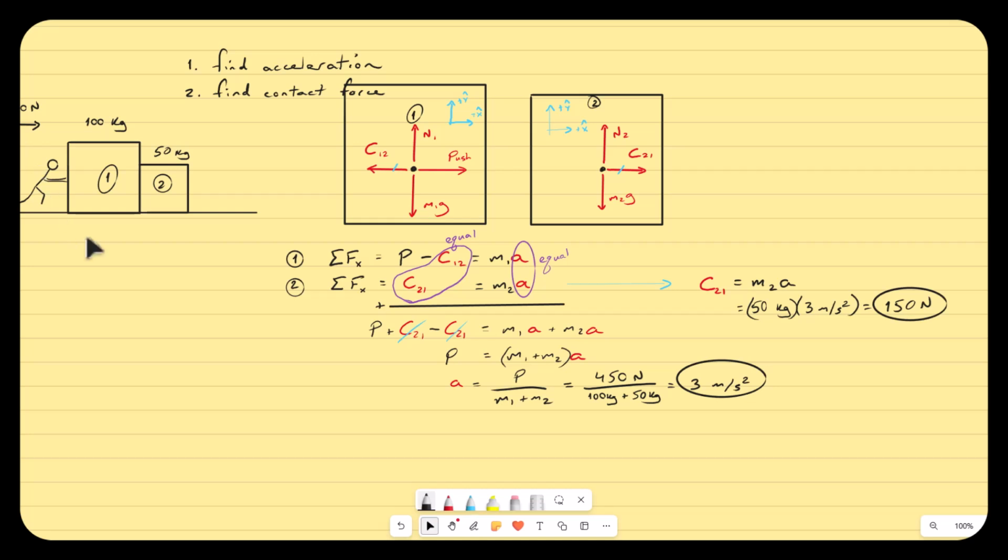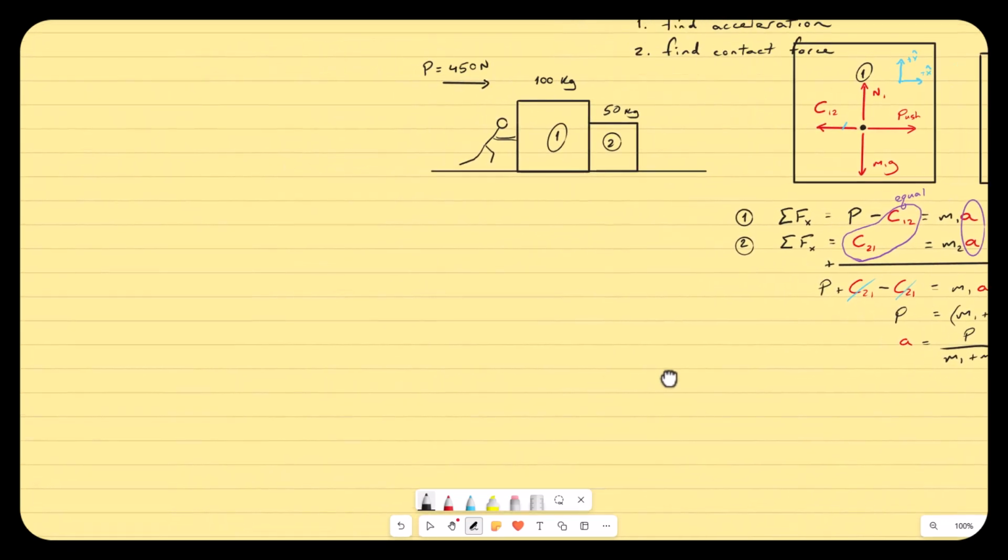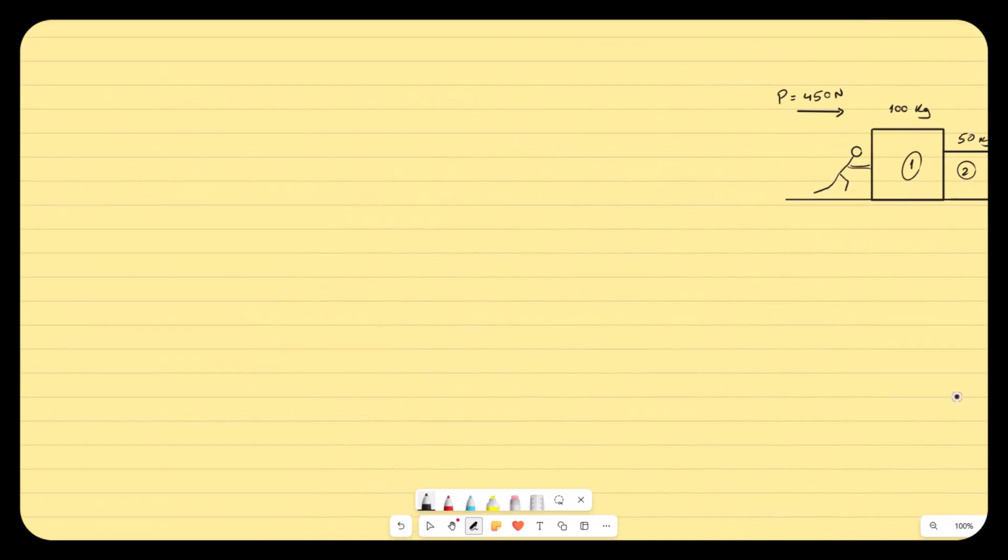There is another way that we can do this same problem, and it looks like this. What if I said, I'm going to take this whole system and treat it as one? I can draw a free body diagram for the two blocks together, so the system I'm looking at, I'm effectively pushing against one block that looks like that.